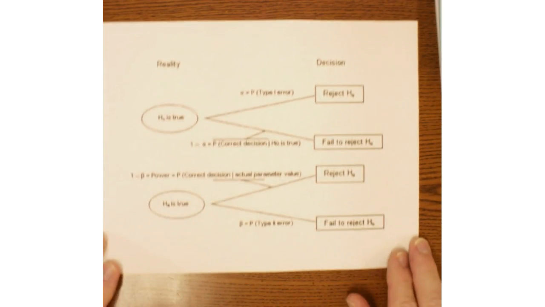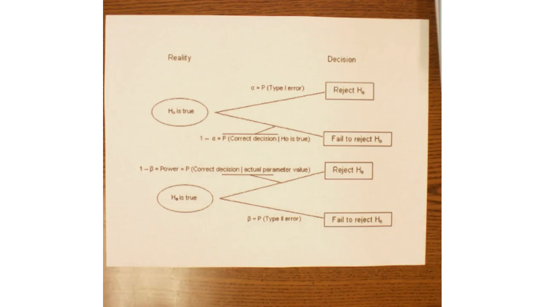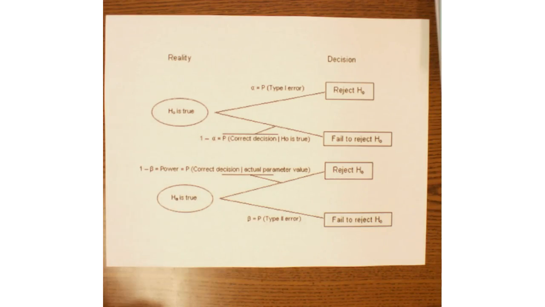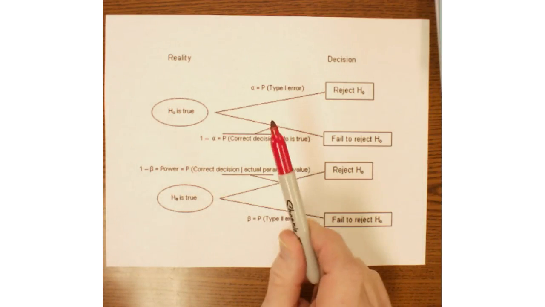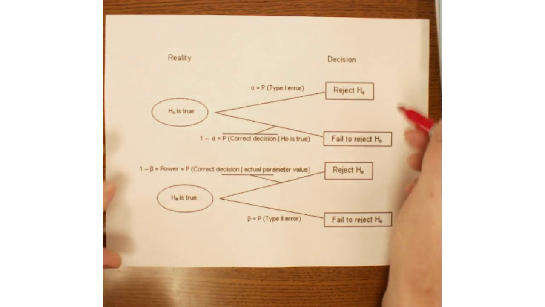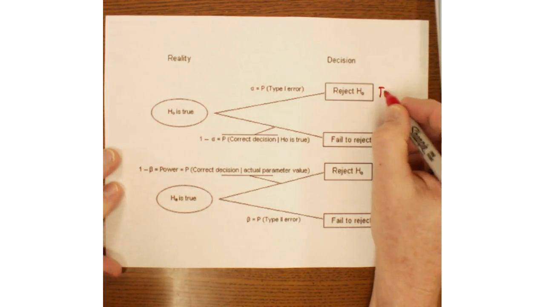Here's a useful little tree diagram. The left side is what really happens in reality, and the right side is the decision that you make. So in reality, if the null hypothesis is true, I could either reject or fail to reject. If I were to reject, this would be a type 1 error.